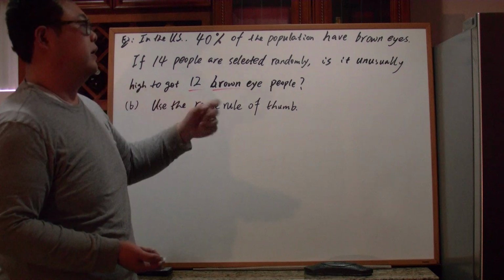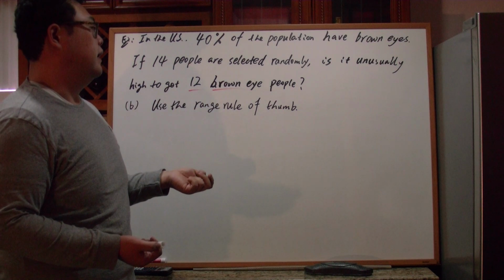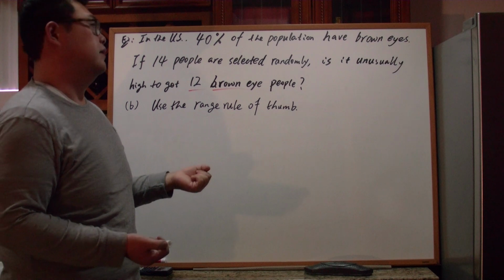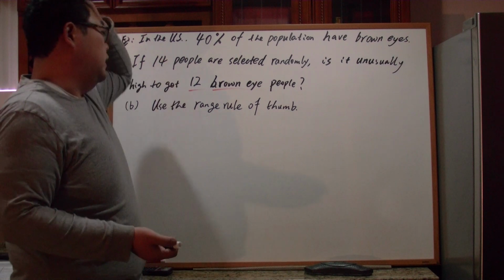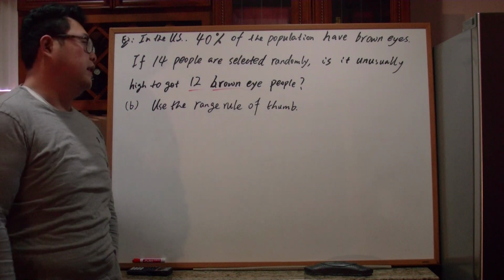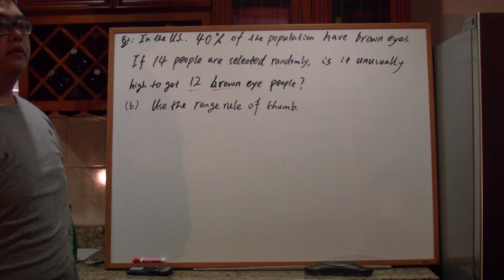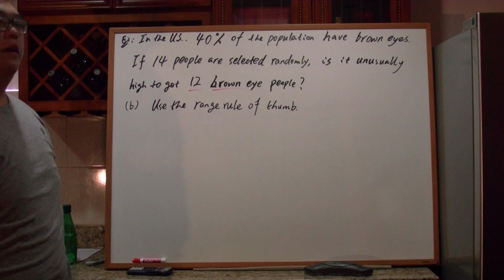Then we can see if 12 is out of that range. If it is, then it's unusual. If it is not, then it's not unusual. We have seen in part A already that it is unusual, so our part B answer should agree with whatever we have found.